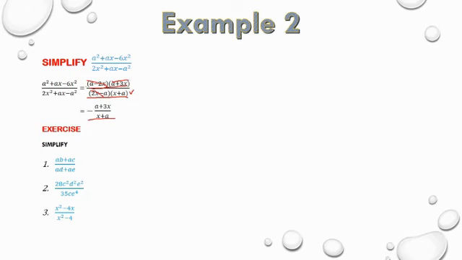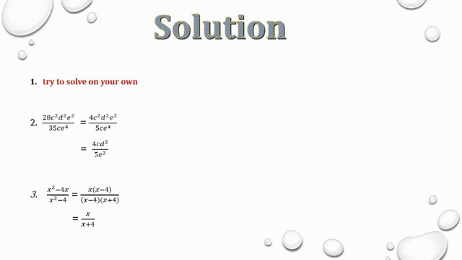So on exercise 1, we are given 3 fractions which we are asked to simplify. We are going to try a few, and the others you will solve on your own. Moving on to the solutions, number 1 is easy, so you do that on your own.